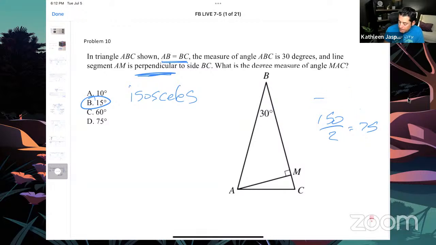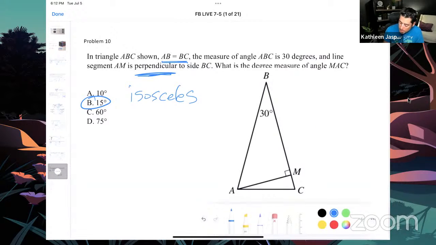And you've got to be careful because when we did the isosceles, we found out 75 here, but this whole angle is 75. The problem is this is broken up into two, which is why you have to solve the first two triangles to get to this third one.